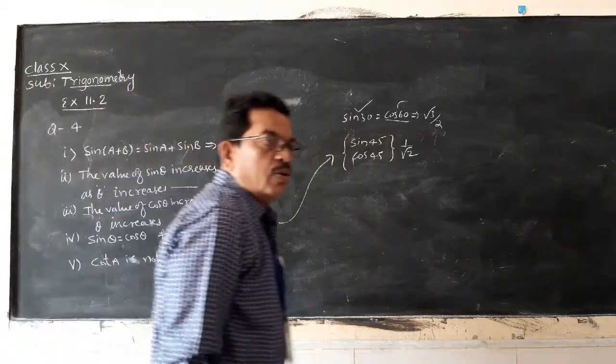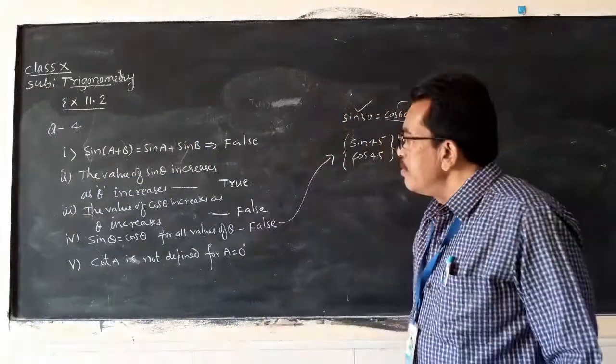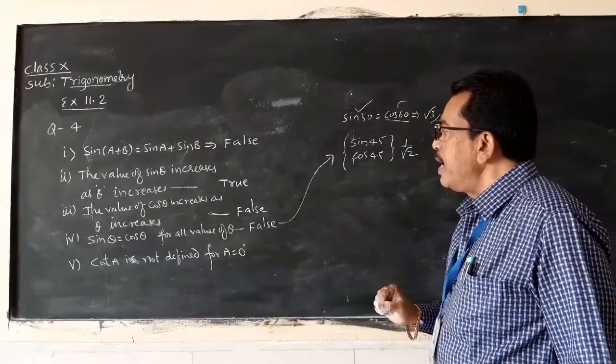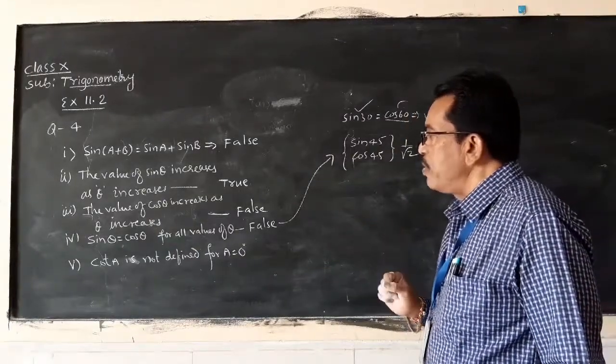Now let us move to the fifth one. Cot A is not defined for A equals 0 degree.